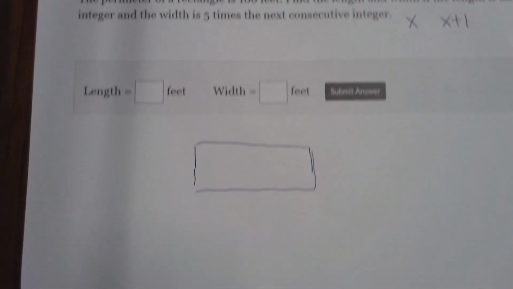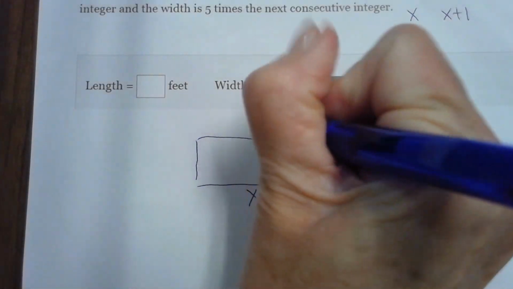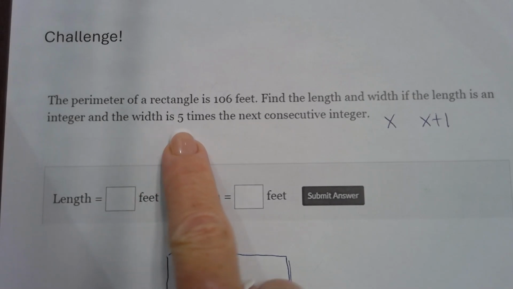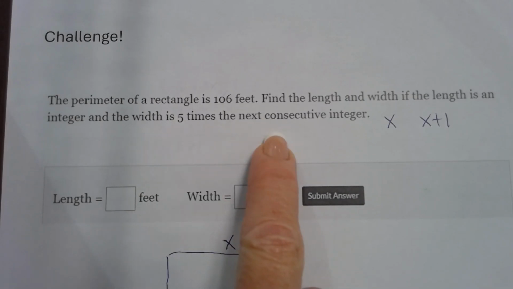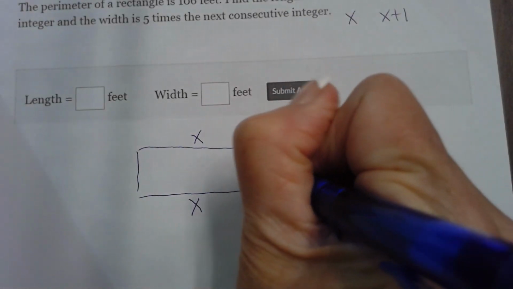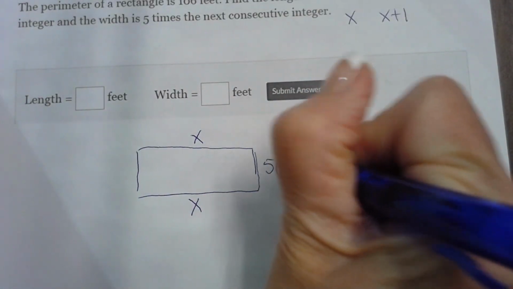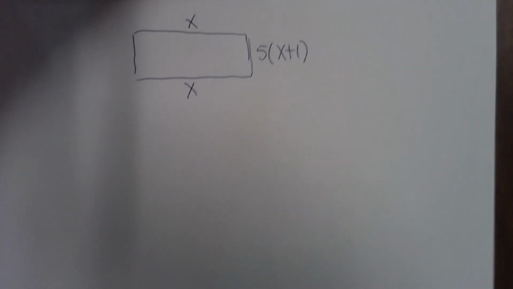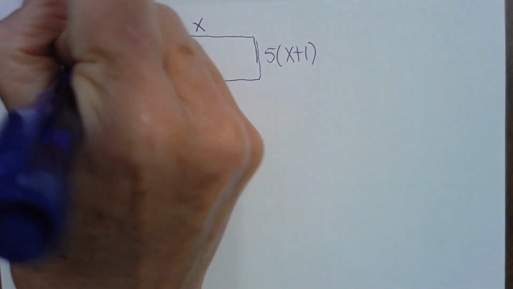So the length is an integer, so that'd be this. And then it says the width is 5 times the next consecutive integer. So there's the next consecutive integer, and there's 5 times that. And that's going to go over here as well.